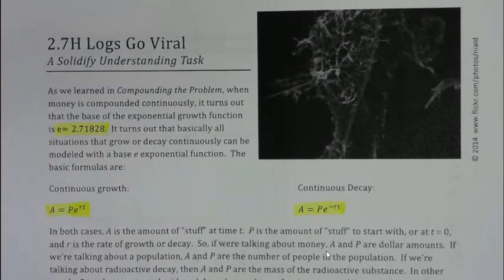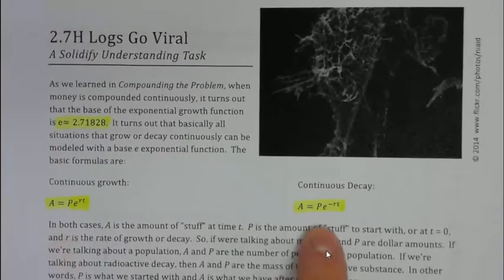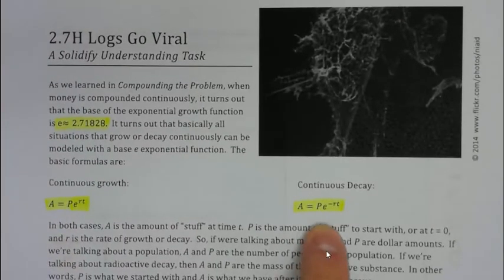And so if you have things that are growing continuously at every moment, we have one equation for that involving e. And then continuous decay, where it's shrinking continuously, is our equation on the right-hand side over there as well.